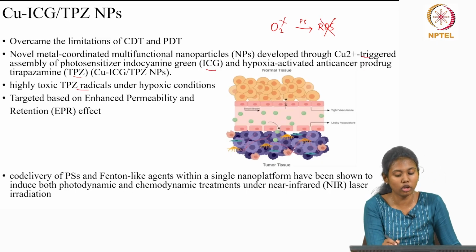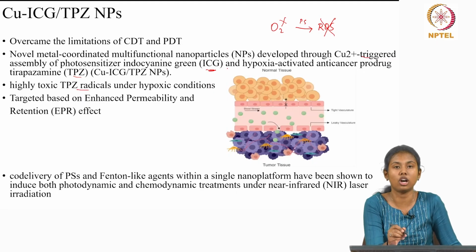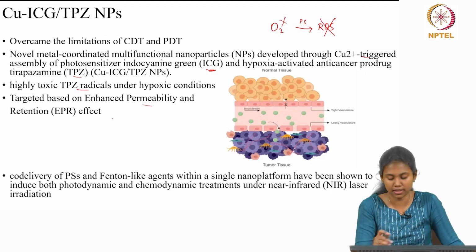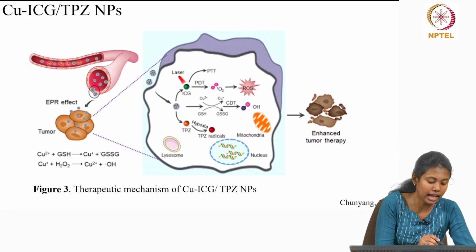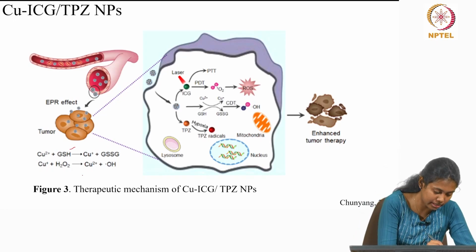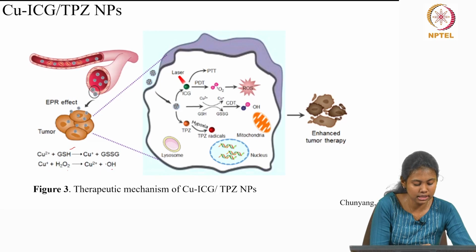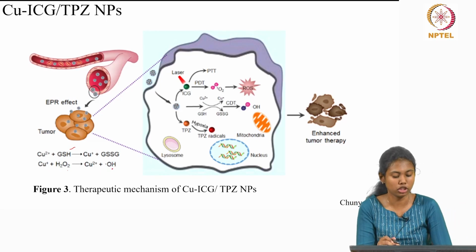ICG is used as a photosensitizer, and the targeting is based on the enhanced permeability and retention effect. The role of copper is that it acts as an antioxidant inhibitor, and it also catalyzes the Fenton reaction where H2O2 is converted into hydroxyl radical. Similarly, the hydroxyl radical, by various mechanisms, induces apoptosis of cancer cells.